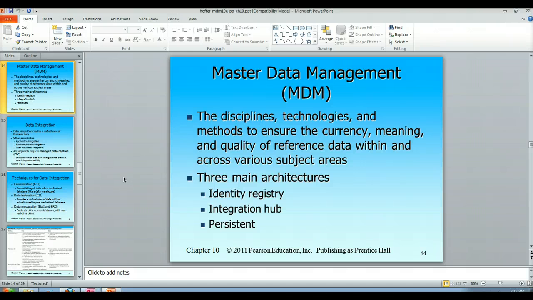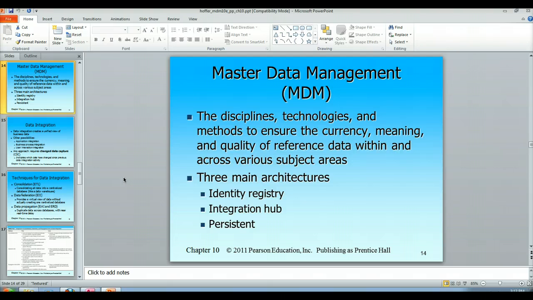One architecture is, okay, let's leave everything where it is, and we're going to have a registry. So there's going to be a location that's going to tell us where the record of truth lies. Where the record of truth lies, that sounds terrible.